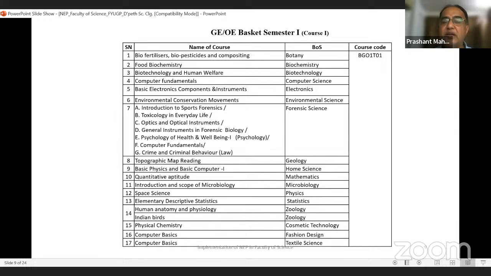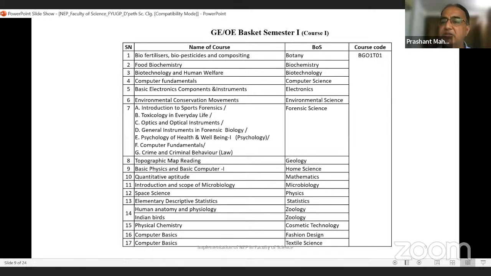But flexibility has the threat of accountability. If you are more flexible, then to hold a person responsible, to hold a person accountable becomes very difficult for the administrator, academic administrator, maybe the head of the department or the principal. So here we have fixed everything.